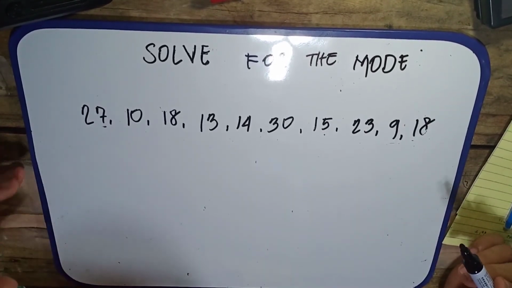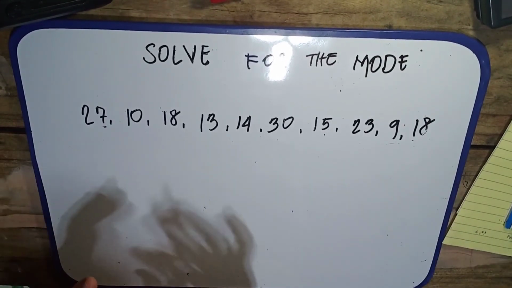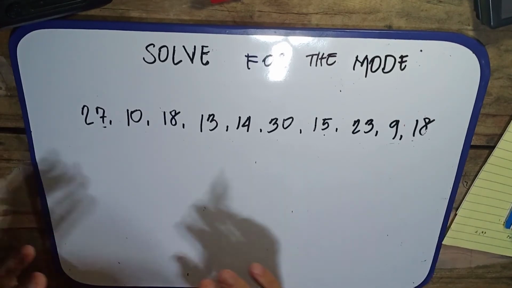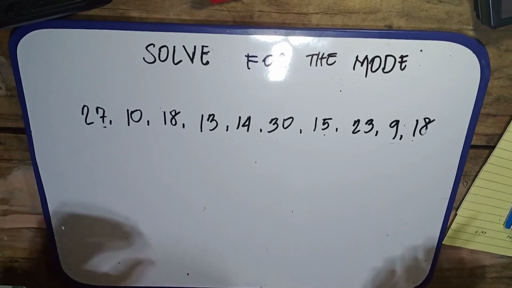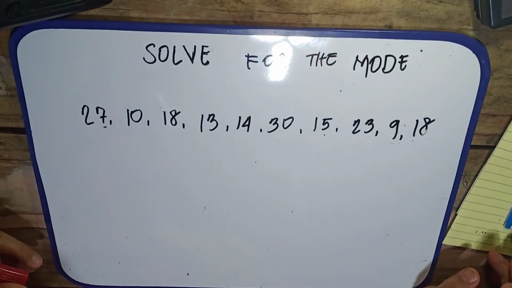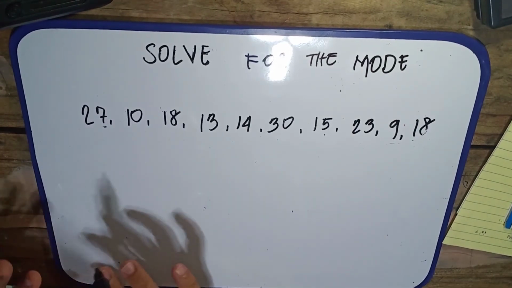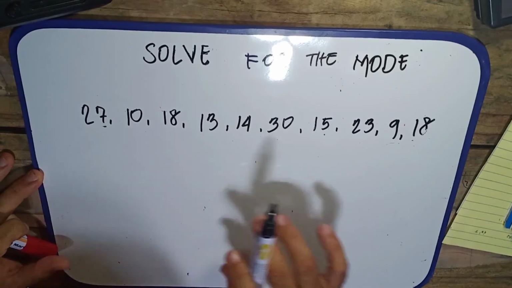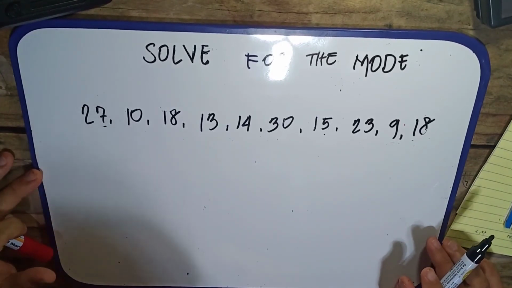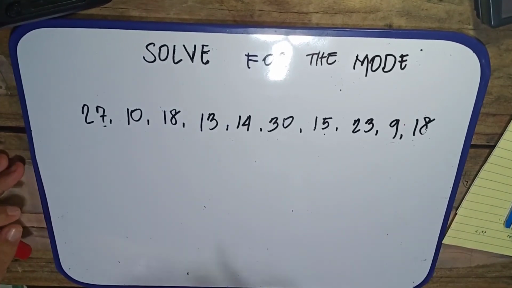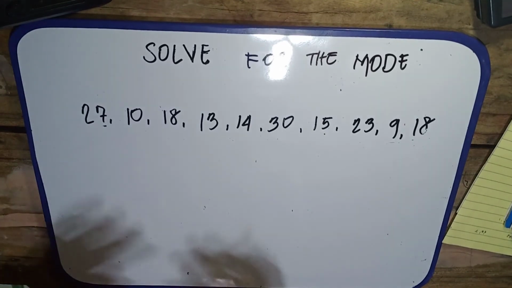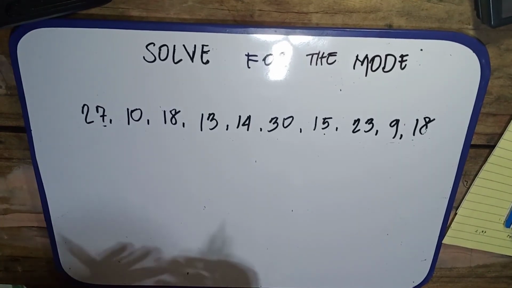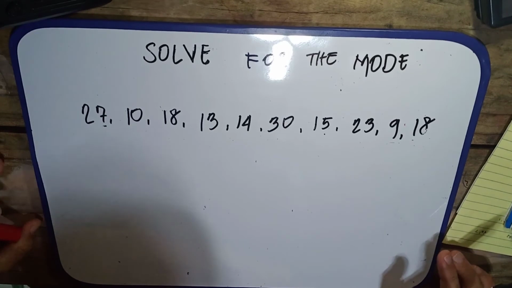Alright guys, so now lastly we are going to find the mode. I have here the same data set. So the mode is the most frequent value in a group of data.